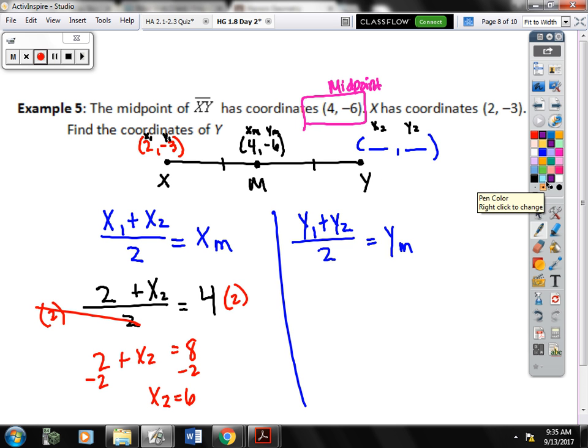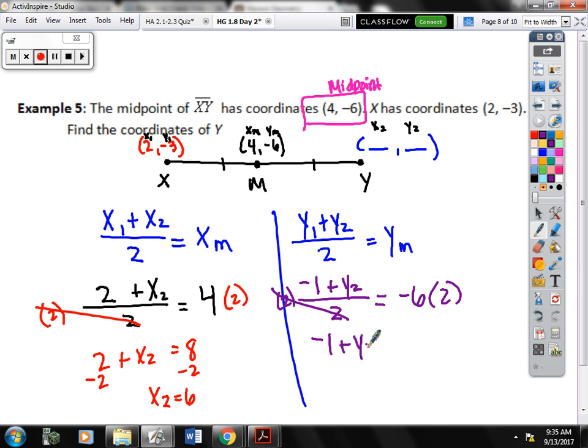So y sub 1 is negative 1. y sub 2 we don't know, so we'll leave it a variable, all over 2 equals y sub m, which is negative 6. Again, because of this big fraction bar, the first thing you have to undo is the division by 2 with multiplication by 2. And then lastly, we will add 1 to both sides.